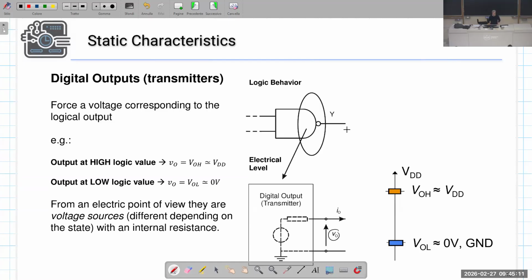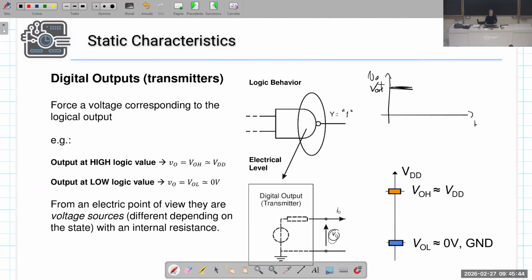Actually, what is typically done for the high logic level, that is, when the output of our logic gate should be 1, the corresponding electrical signal forced by the output is a voltage called VOH.